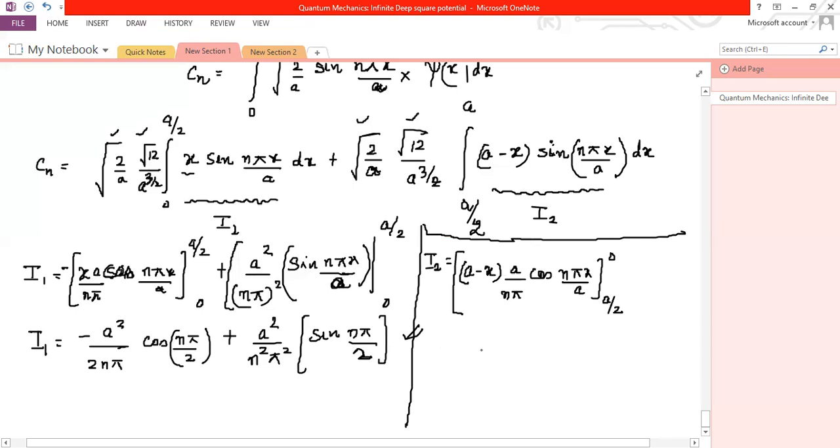Okay, and now if I take the second integral, now we have to be aware that this derivative would give me a minus. So minus minus becomes plus, and again this integral will give me again a minus. So it will become again minus. So after all, it will be like this. I think this will be minus a upon n pi, sorry, whole square, cos of n pi x upon a.